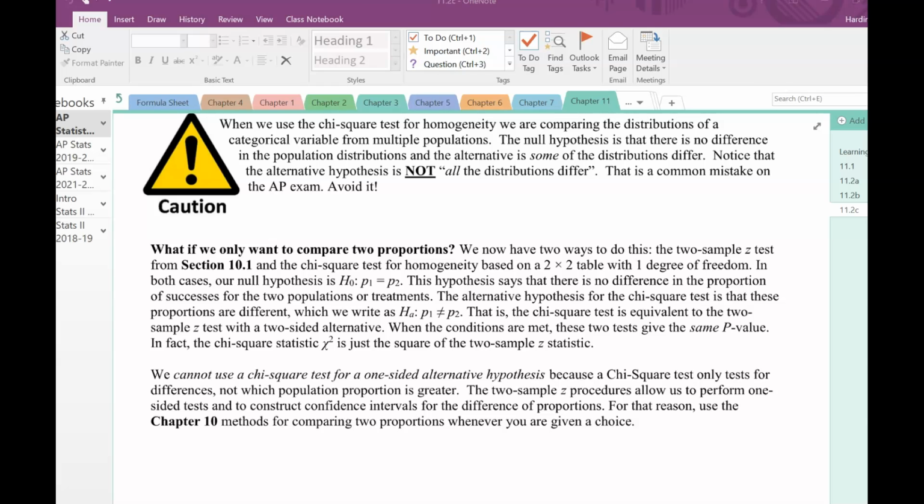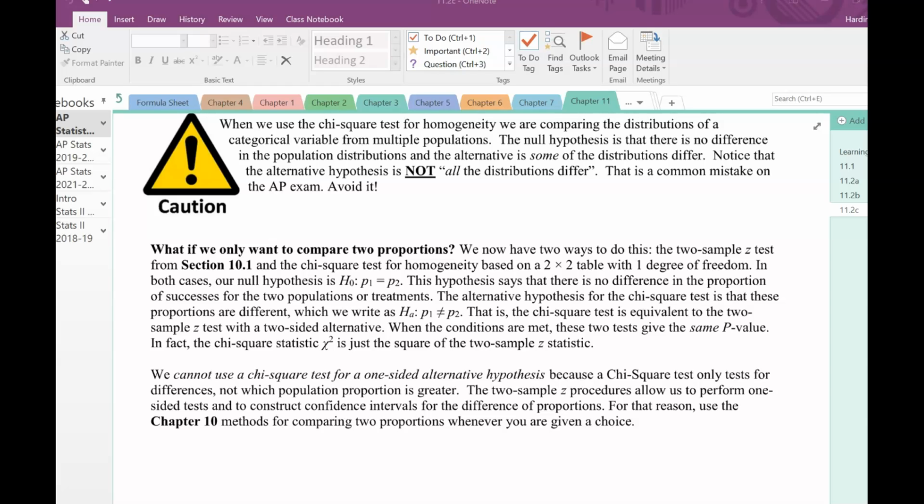In both of those cases, the null hypothesis is that the distribution of proportions is the same, or P1 is equal to P2. And the alternate for the two-sample z-test is that P1 is not equal to P2. And the same there for the chi-square test. That's the equivalent of saying that the proportions are not equal.